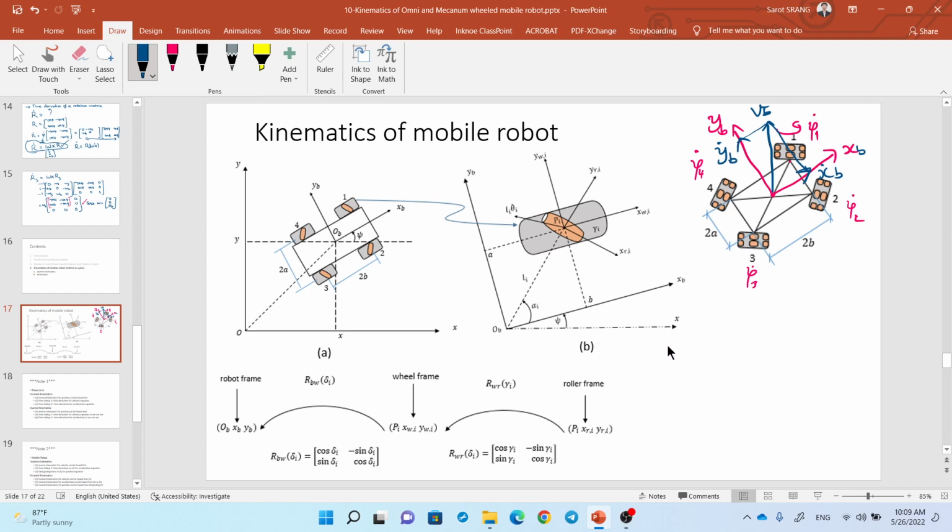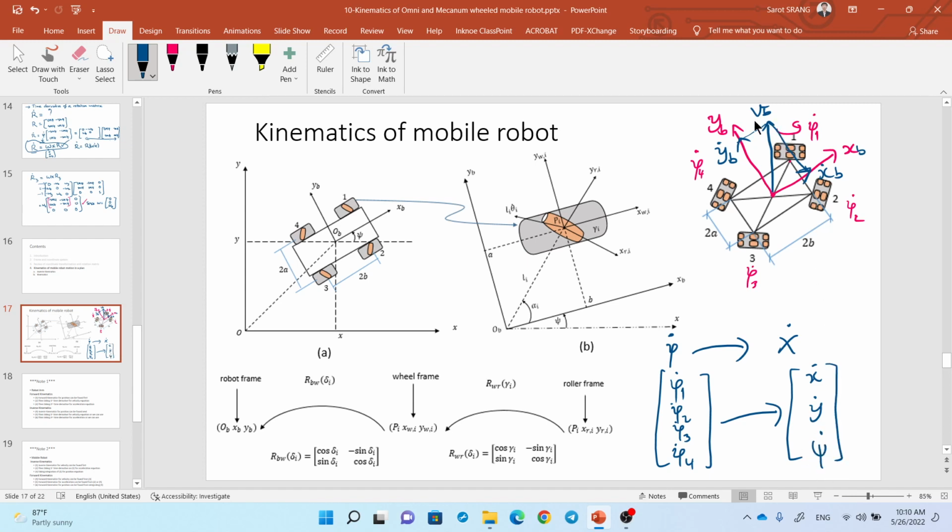So from the information of phi dot, to compute h dot. Phi here I mean phi 1 dot, phi 2 dot, phi 3 dot, and phi 4 dot. From here we compute h dot, which has components x dot, y dot, and psi dot.